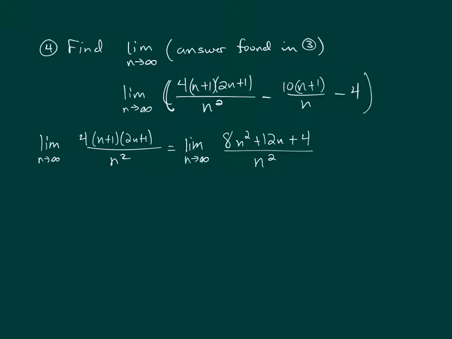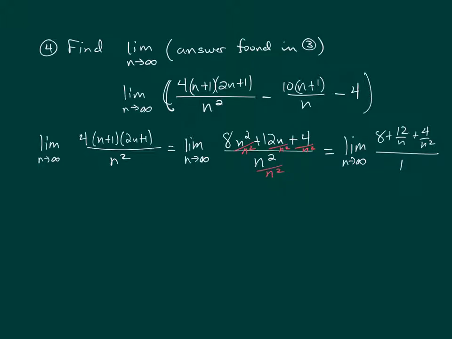And if you recall, a long time ago you learned the method on how to find the limit as n goes to infinity. And that is, if you divide every term by the highest power of n in the denominator, so you divide each term by n squared, you'll get a limit that looks something like this.